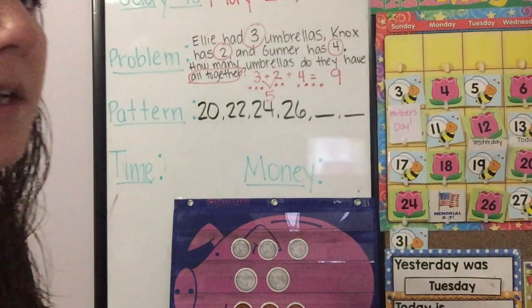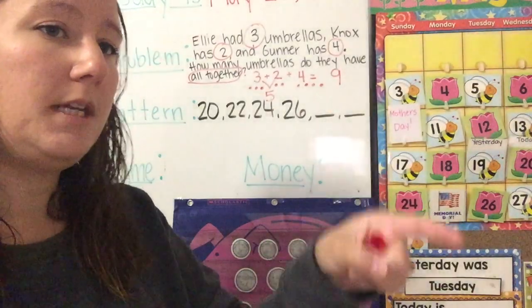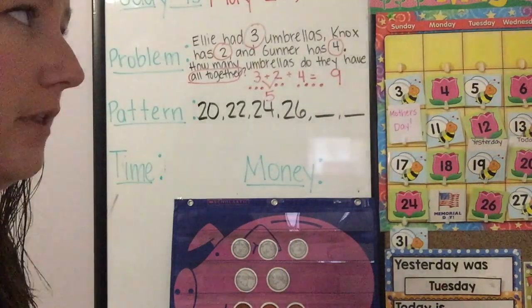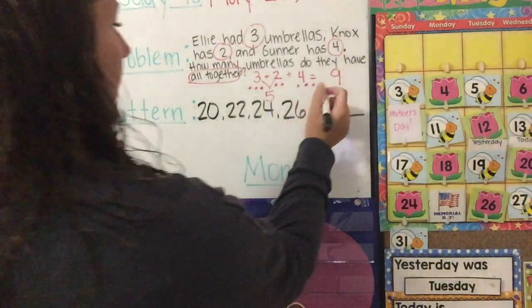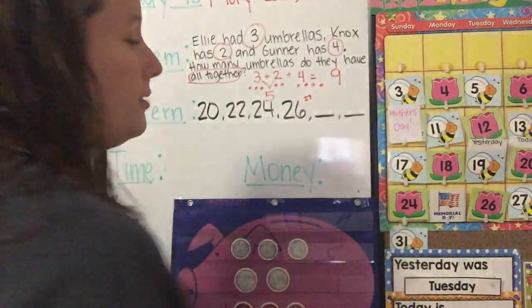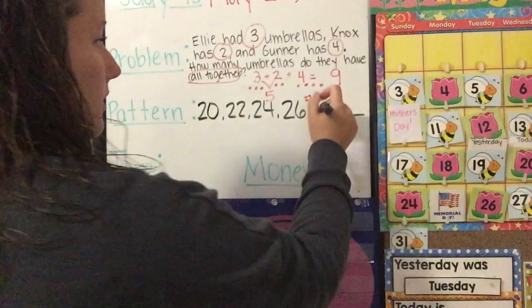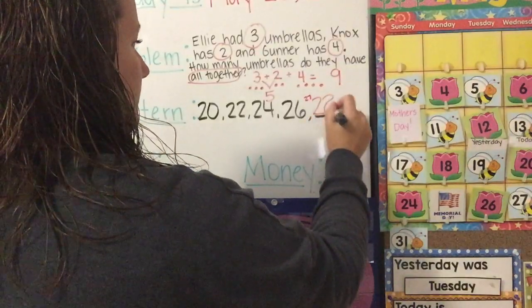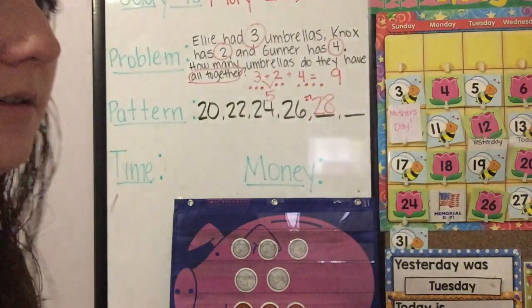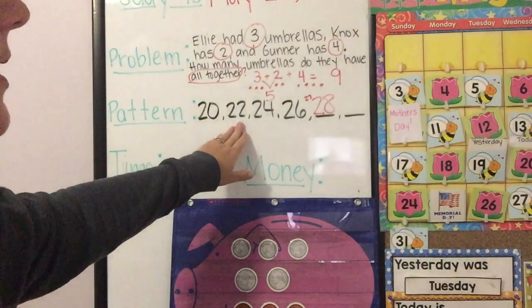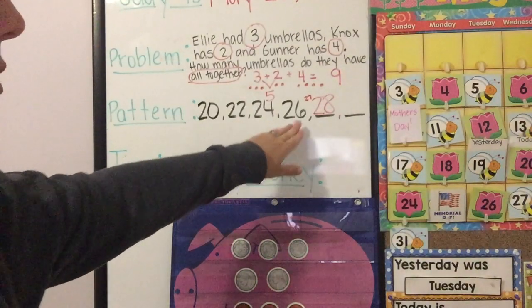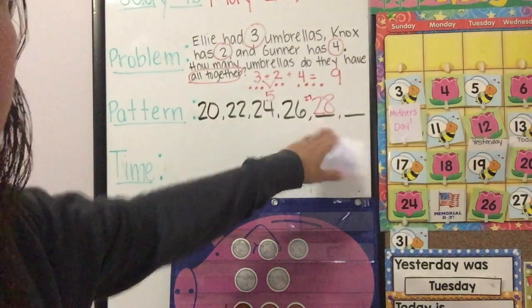I know when I count by 2s, I skip one number to get to the next number that I should say. So after 26, I'm going to skip 27, and then next would be 28. Okay, so we have 20, 22, 24, 26, 28.